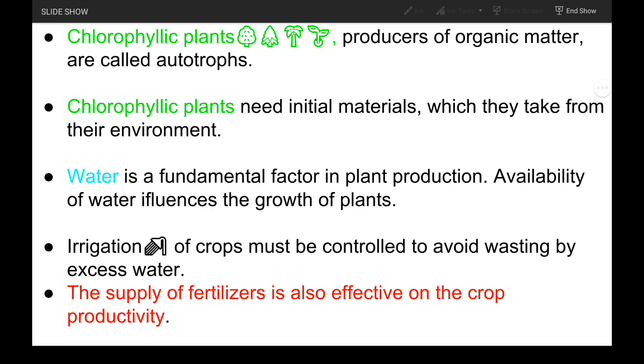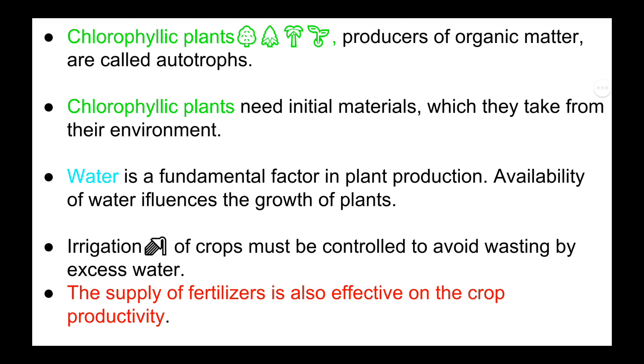Okay? So, chlorophyllic plants, in order to make their own food, need initial materials which they take from their environment. What are these initial materials? Water. Water is a fundamental factor, a very important factor in plant production.